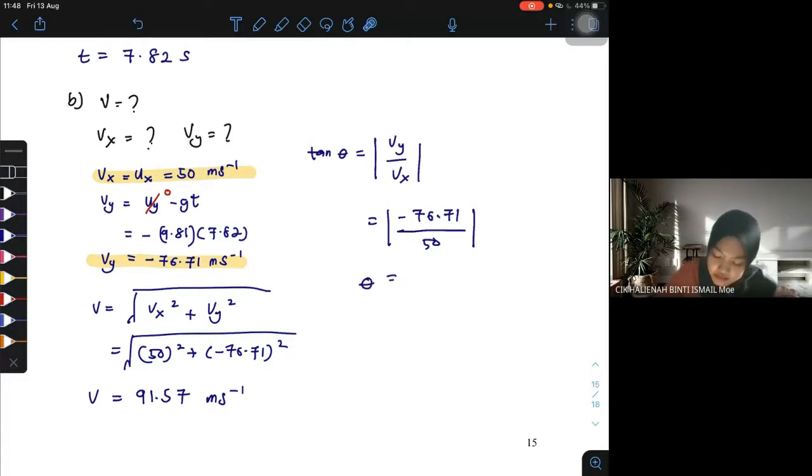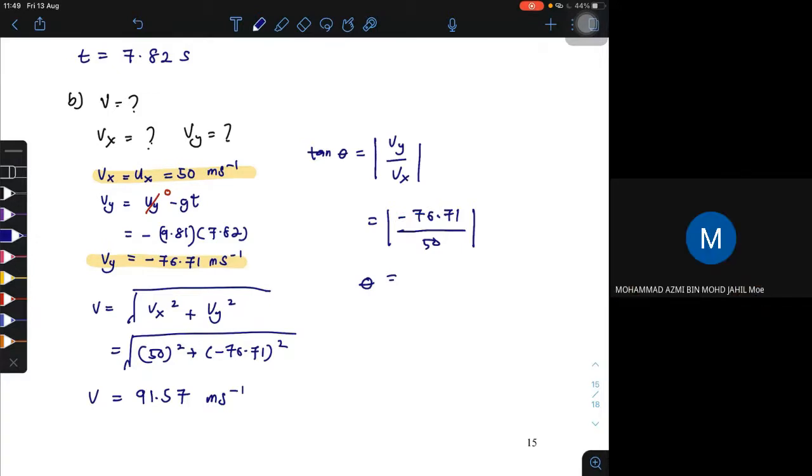Okay, remember dekat sini this modulus, maksudnya kita just, dia akan cancel out the negative value. So dalam calculation, you don't need to put the negative. So kamu akan ignore lah this negative. So angle will be equal to 56.9 degree.